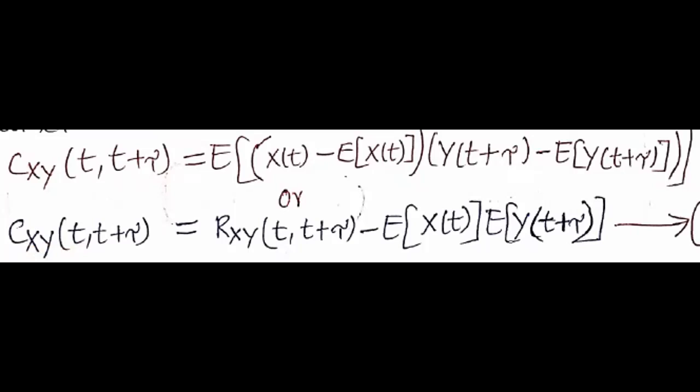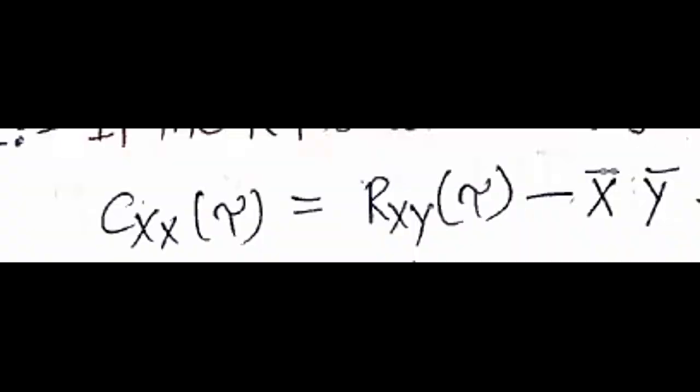Just wait, I will show you the mathematical formula. This is the representation of the cross covariance function, which we know from our previous class. X bar and Y bar are the mean of X and the mean of Y.